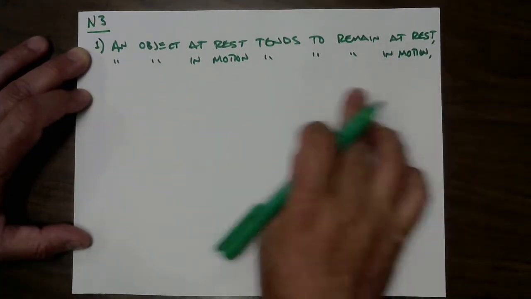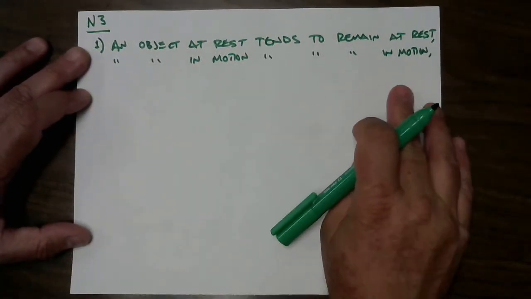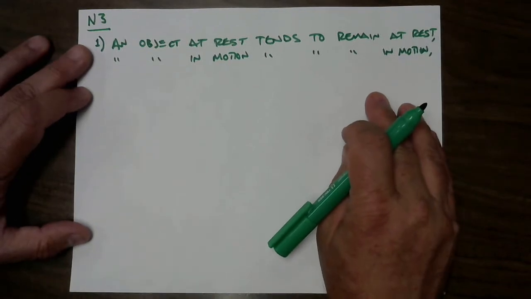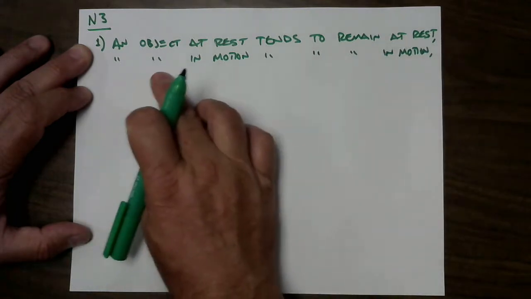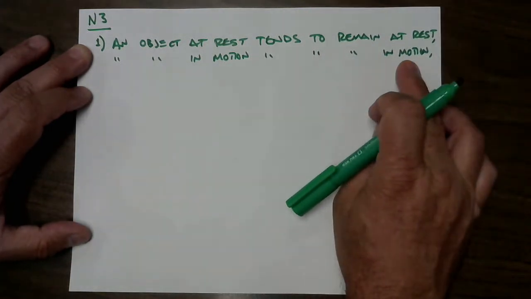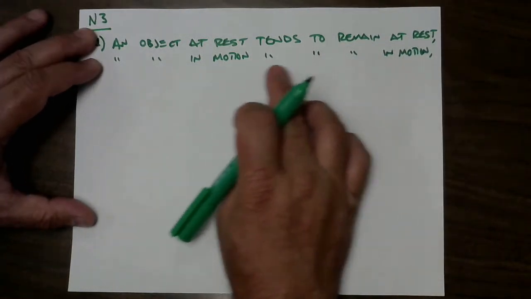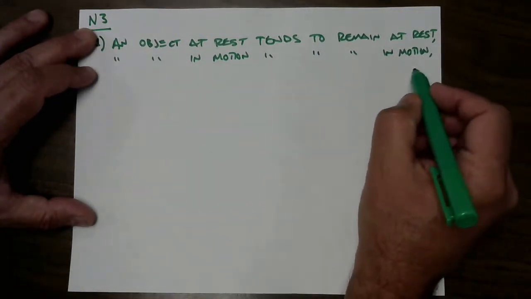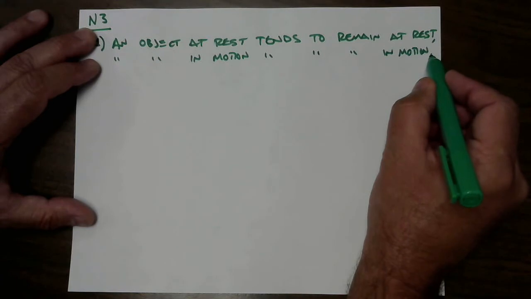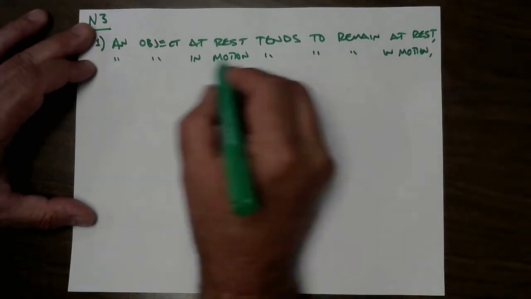Now, I could stop here and I would have Galileo's law of inertia. Things like to keep on doing what they're already doing. If something's at rest, it'll stay at rest. If it's moving, it'll keep moving. By the way, this line right here in Galileo's time was brand new because Aristotle thought that things that are in motion will eventually come to rest because they want to become at rest. But Newton added the next line, which is genius.